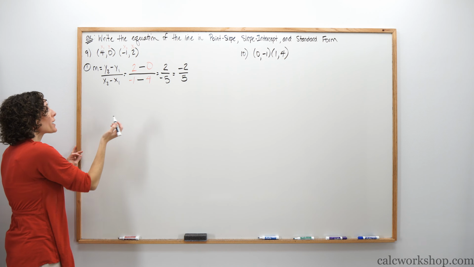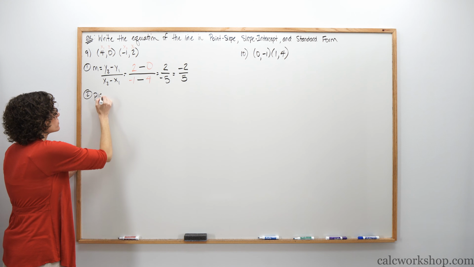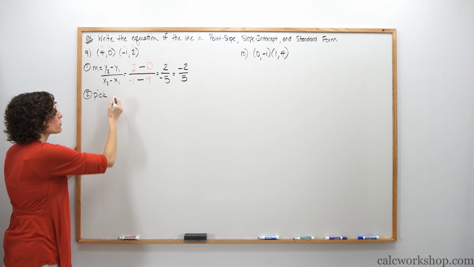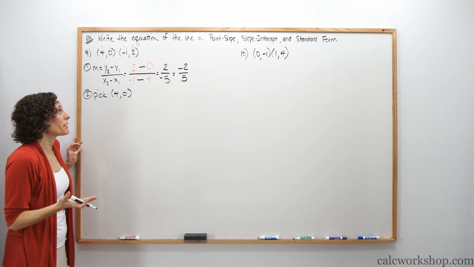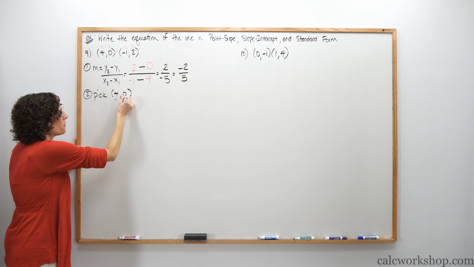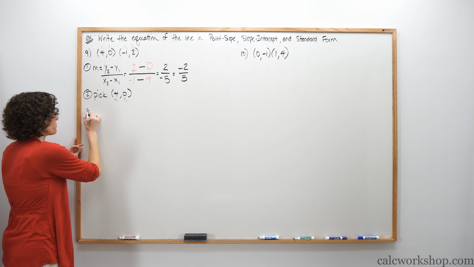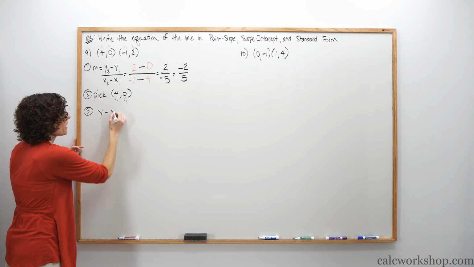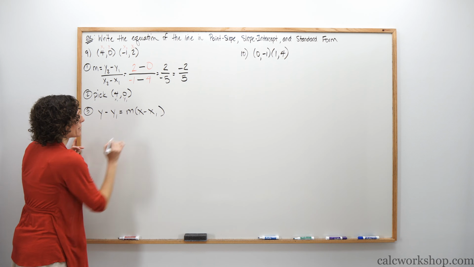So now we're going to pick one of the 2 points. It doesn't really matter which one. So if we pick, we'll grab the first one. 4, 0, not only is it the first one, but it makes things easier to make sure we have x1 and y1. But it also has the 0 in it, which is also pretty nice. So now step 3, we have y minus y1 equals m times x minus x1.